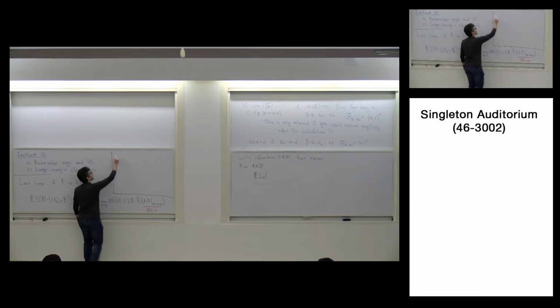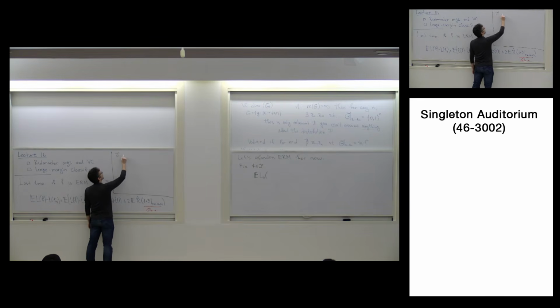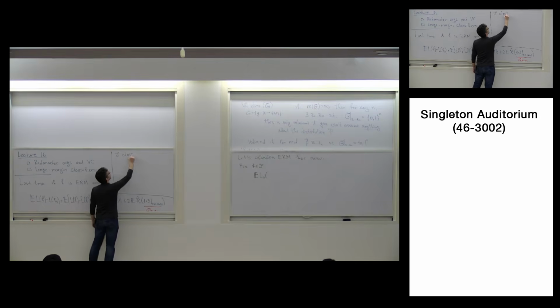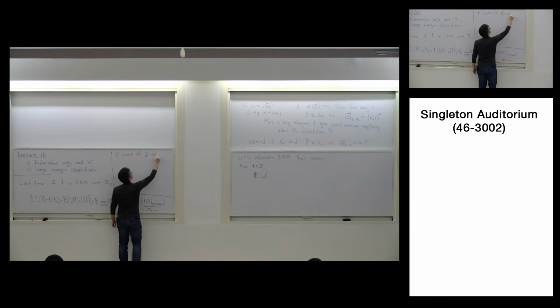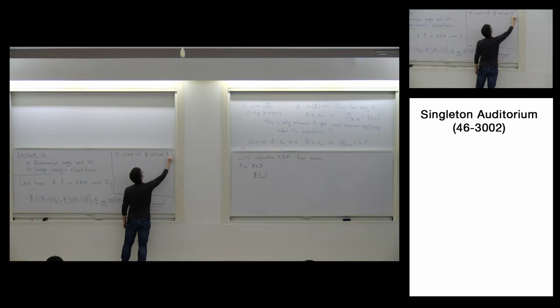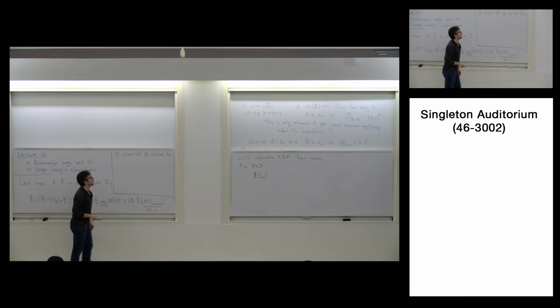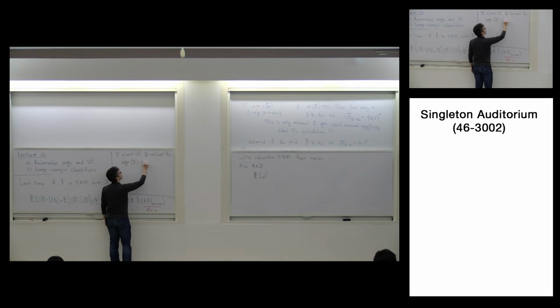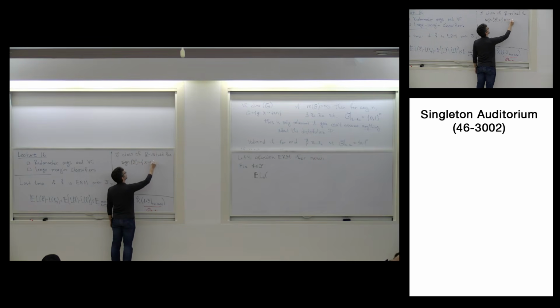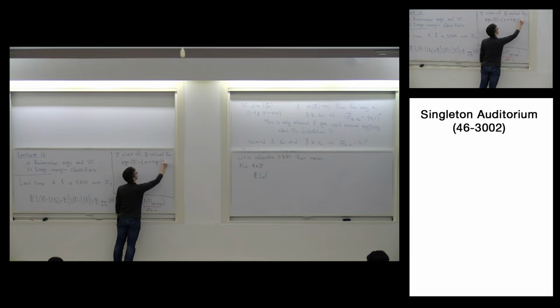My class F will be a class of real-valued functions, and then I will look at a class sign of F, which is just a set of functions x maps to sign of f of x.